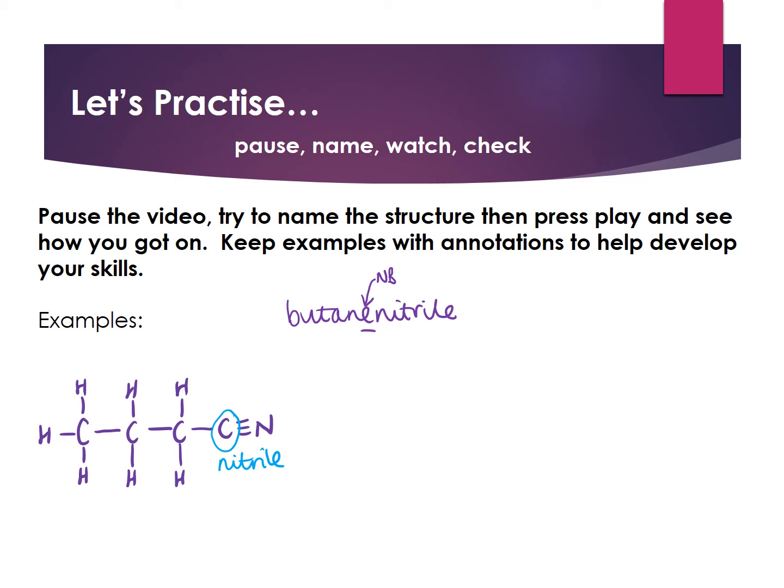And so with the skeletal formula, we've got 1, 2, 3, 4 carbons, and this end carbon then is triply bonded to a nitrogen atom. Let me erase that bit and try that again. Nitrogen here, and that needs to be a triple bond to that nitrogen. Okay, C triple bond N at the end there.